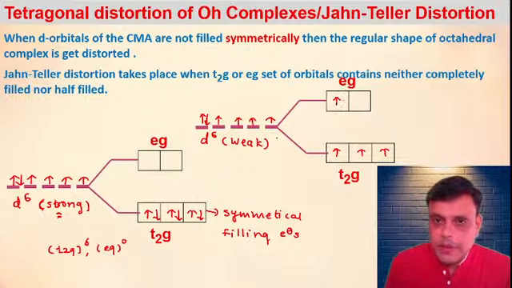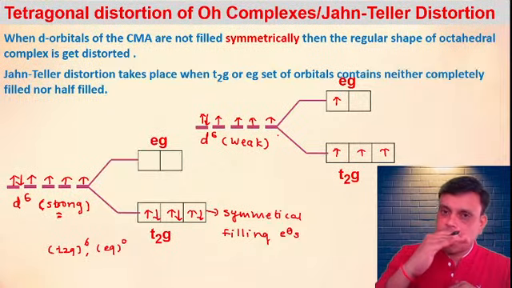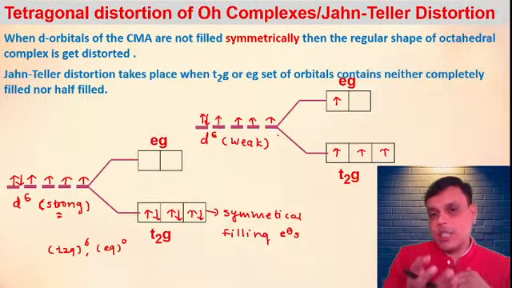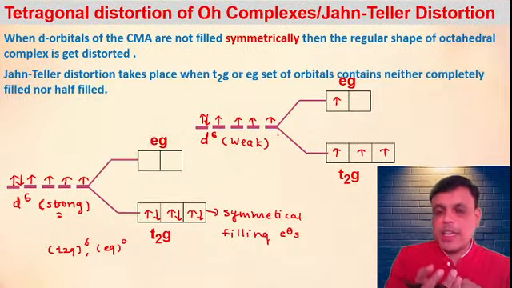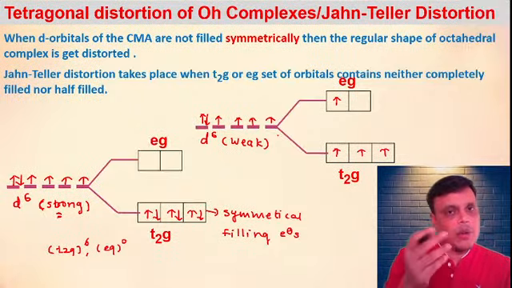Complex weak field means the gap between t2g and eg level is less, and pairing energy is more. Pairing energy means energy required to pair the electrons.